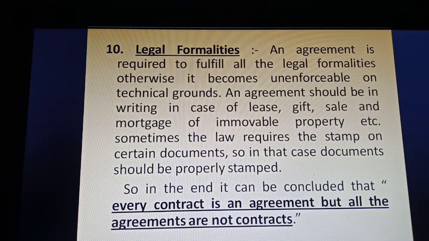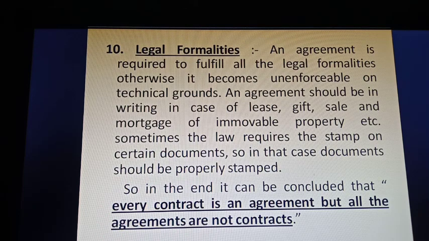And in certain laws, some documents are required to be registered. So, if there is such a requirement of registration of the document, then the document must be registered. After the completion of all the legal formalities, an agreement becomes a contract.